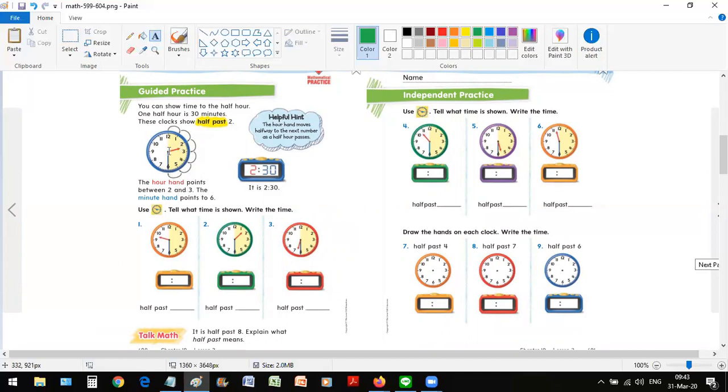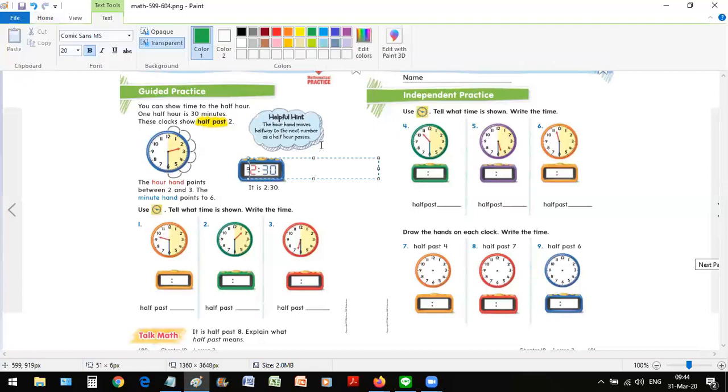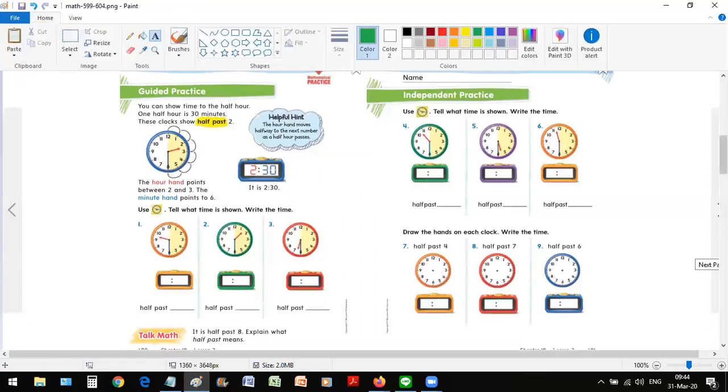You can see the red hour hand is between 2 and 3, and the minute hand points to 6. When the minute hand points to 6, that means 30 minutes or half an hour. Okay, so on the digital clock, 2:30 would look like this. It is 2:30. Okay, so basically that's all.